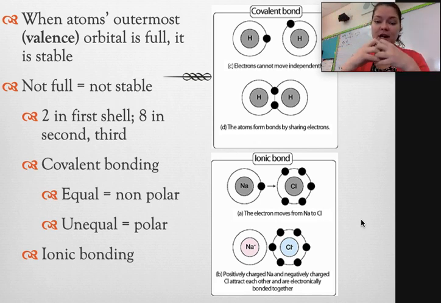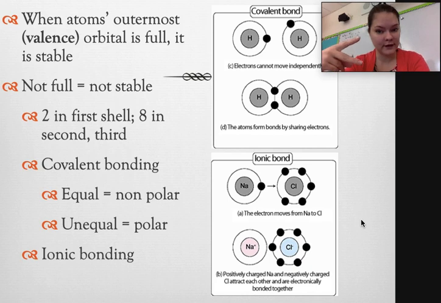They're still going to share them, but not equally, right? Instead of a nice partnership, you've got oxygen yanking at the electrons a little bit more. We're going to call that a polar covalent bond. So there's two types of bonds so far. A nonpolar covalent, equal sharing. A polar covalent, they're sharing, but the electrons tend to be towards the one that is more electronegative.